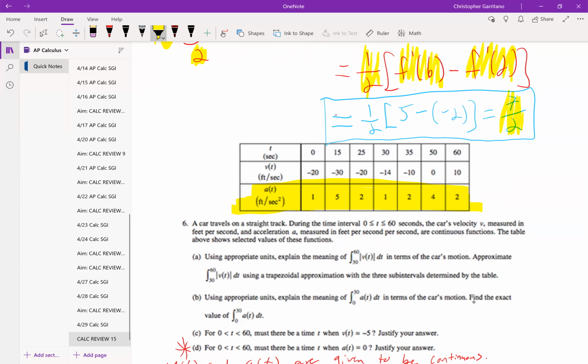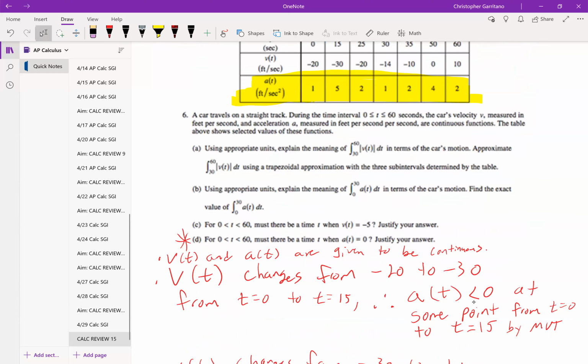If we knew that one acceleration was negative and one acceleration was positive, then that would guarantee by the intermediate value theorem that there must be an acceleration that was equal to 0. But nothing in our table actually indicates that at these particular points, right? So we need to somehow gather that information in another way.